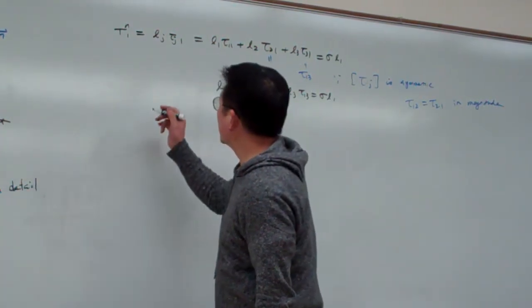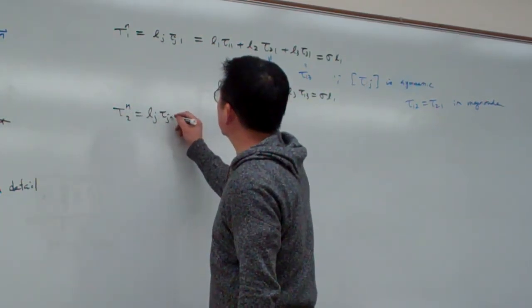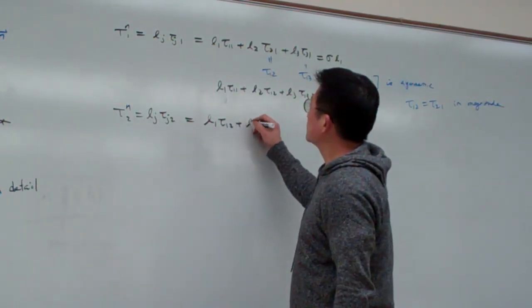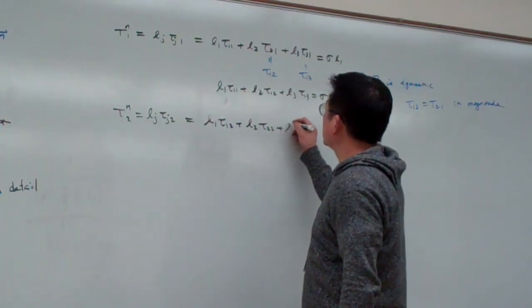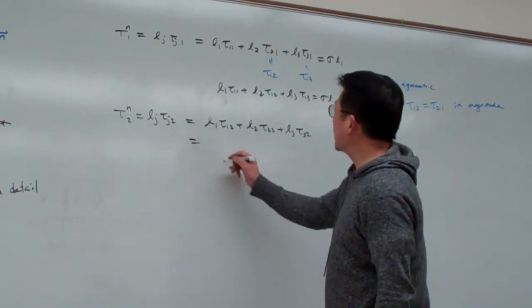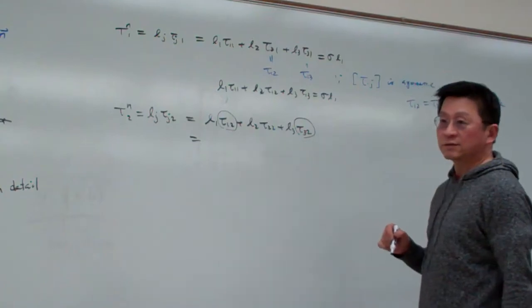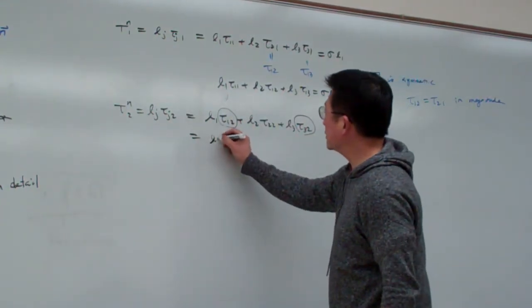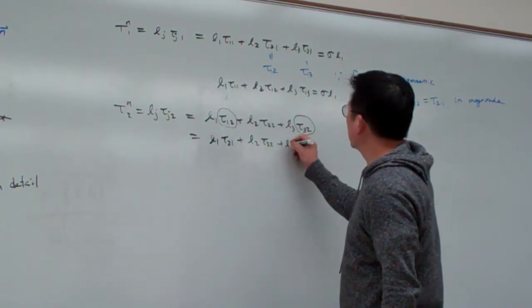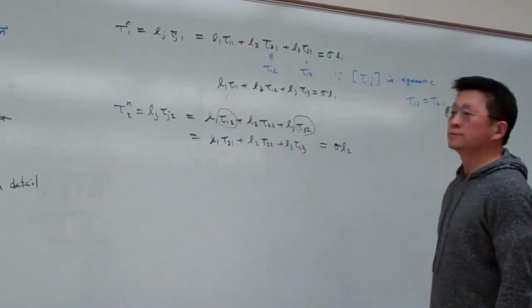The second equation, we repeat the same process. Tn2 equal to Lj tau j2. So L1 ... okay, this one again, let me take the symmetric and swap this number. Okay, and that one equal to sigma L2.